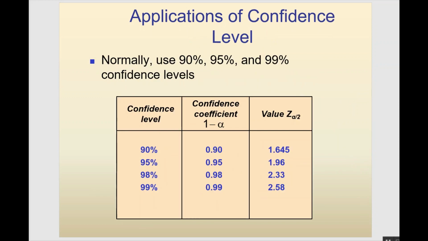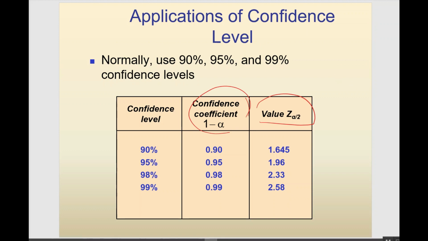Okay, so applications of the confidence level. When you're given alpha and you get your confidence level of 90%, how do you calculate this confidence coefficient? What is the value of z alpha divided by 2? For example, for 90%, they get 1.645. How do you think they get this value of 1.645?